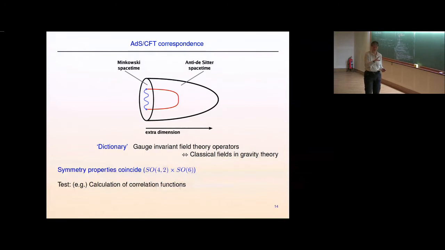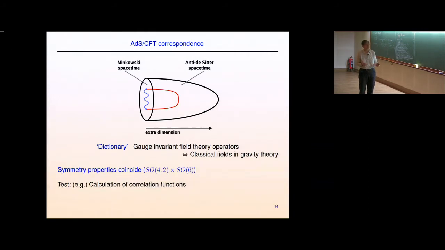If you have two physical theories with exactly the same number of degrees of freedom and exactly the same huge symmetry, then there's almost no choice but that these two theories somehow have to be the same. That's not a mathematically sound argument, but certainly is a very good physical motivation why this correspondence holds, at least for the AdS-CFT case.